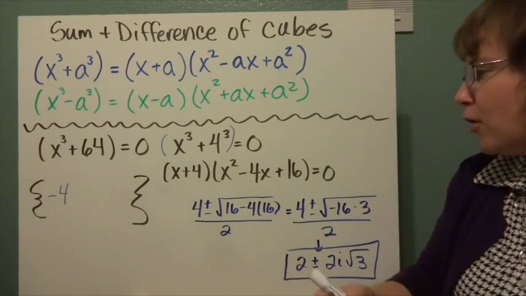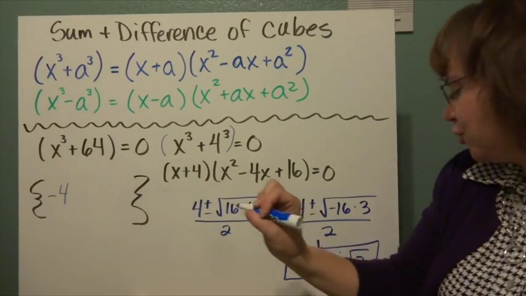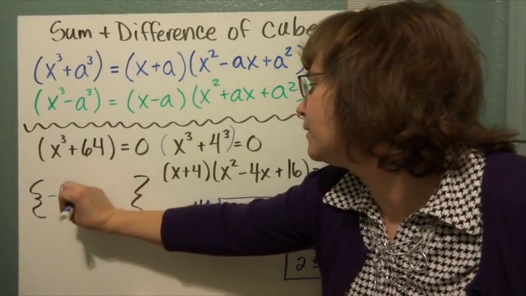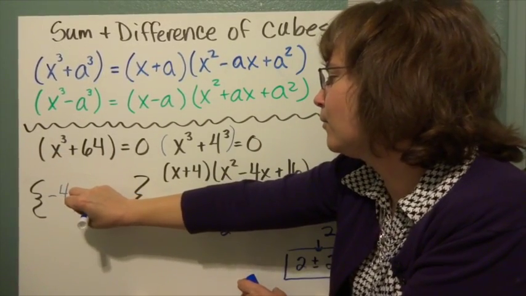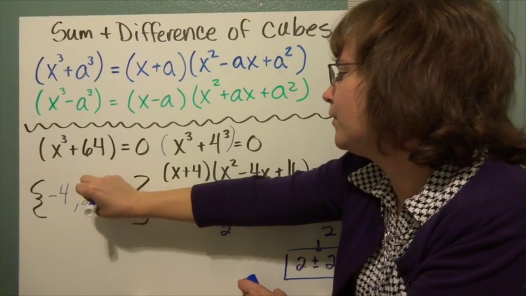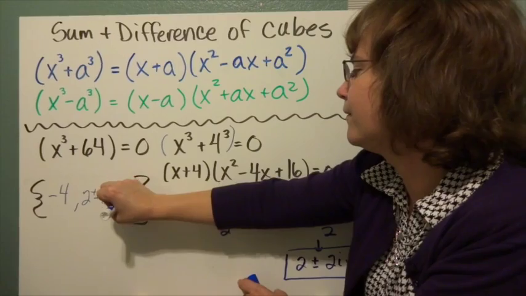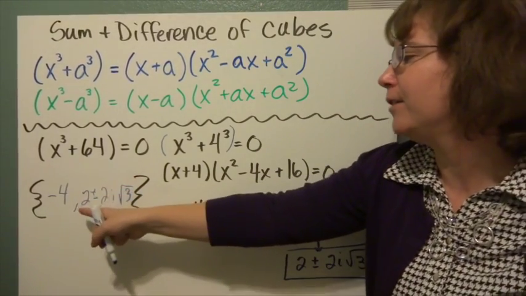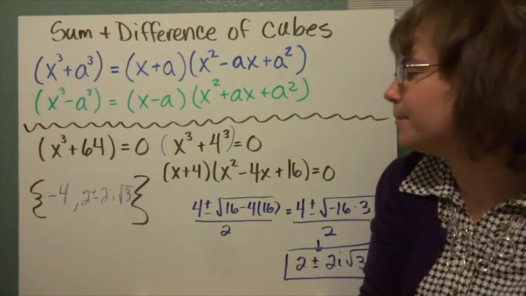And then I've solved for all of my roots. I have a negative 4 and I have 2 plus and minus 2i times the square root of 3. So that gives me 2 values there. 2 plus 2i times rad 3, 2 minus 2i times rad 3.